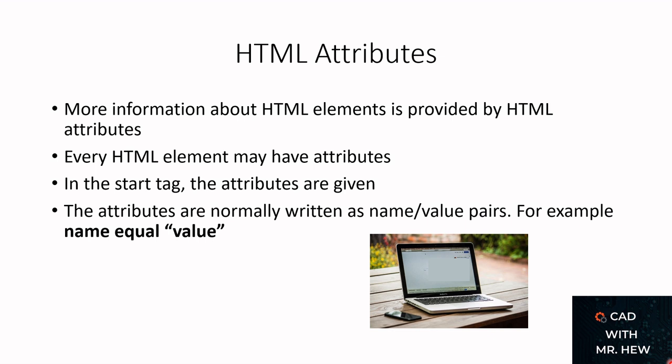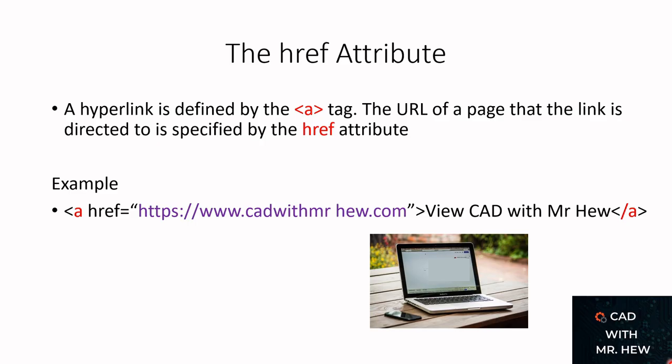And let us explain further. So here we would have the name, and it will be equal to the value. So let us look at the next slide of how we can use HTML attributes. We're looking now at the href attribute.